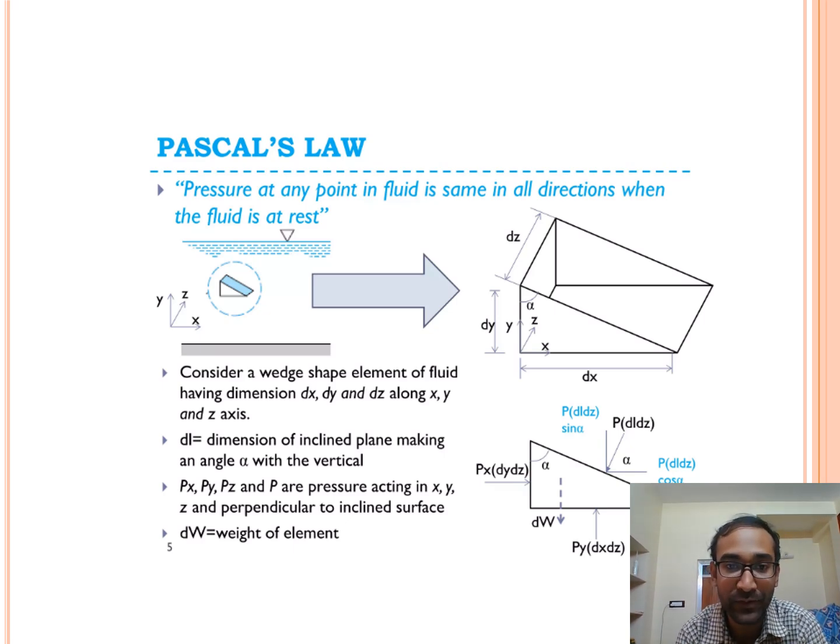In these slides you can see this is filled with a fluid, and this is a smaller triangle. If we consider a wedge in this shape, in the x direction, y direction, and z direction, there will be the same pressure at the same point. At any point there will be the same pressure. This is the diagram described.